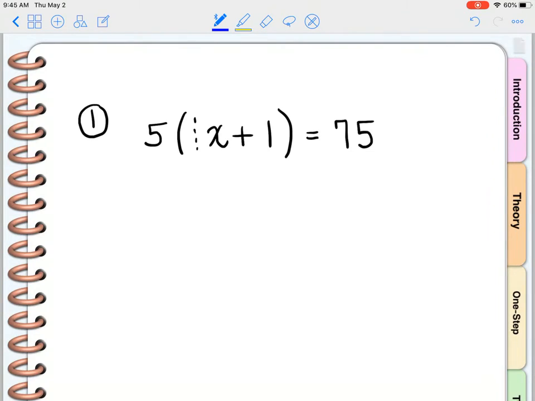What distribution means is that I'm going to take this constant 5 and multiply it by this term and by this term. So we're going to distribute the constant 5 to the entire parentheses set. And here's how that works.